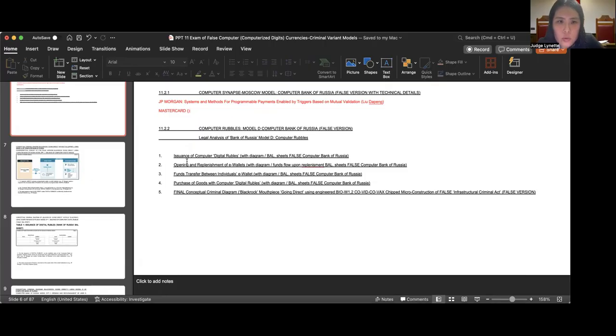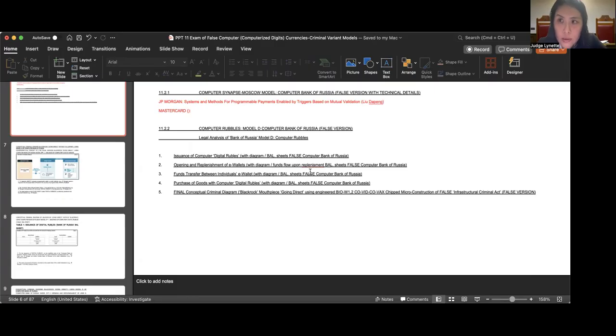The first one is issuance of computer digital rubles with diagram and balance sheets under the Computer Virtual Bank of Russia. Second is opening and replenishment of e-wallets with a diagram and funds flow upon replenishment of the balance sheets with the Virtual Computer Bank of Russia. So opening and replenishment of electronic wallets.